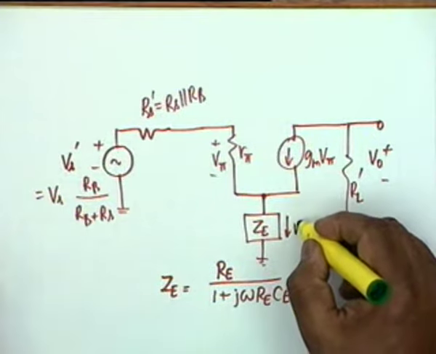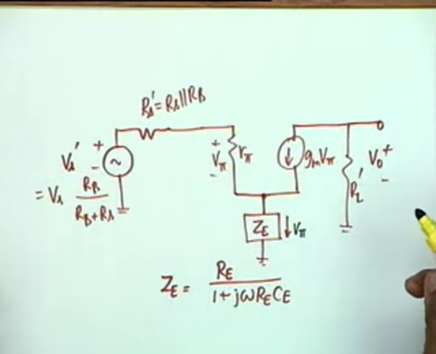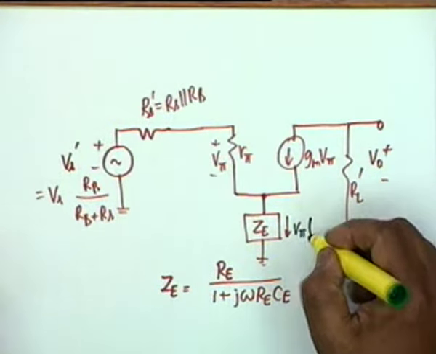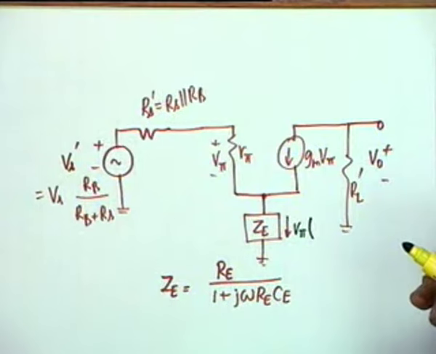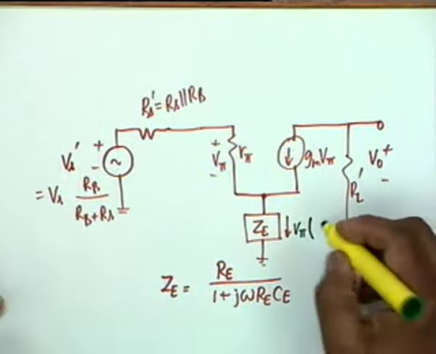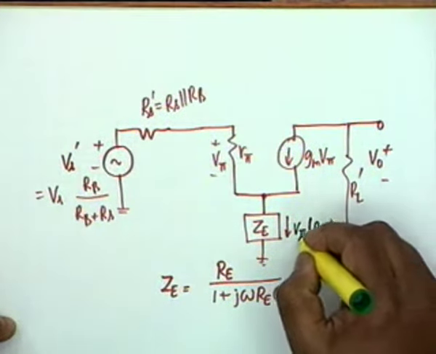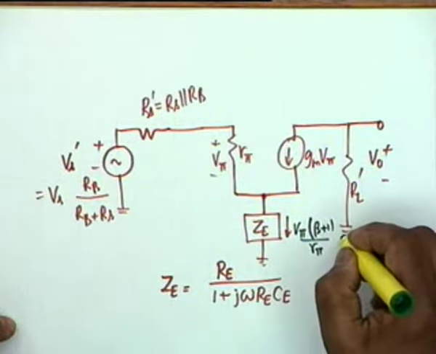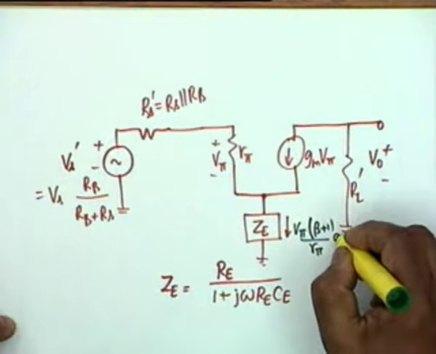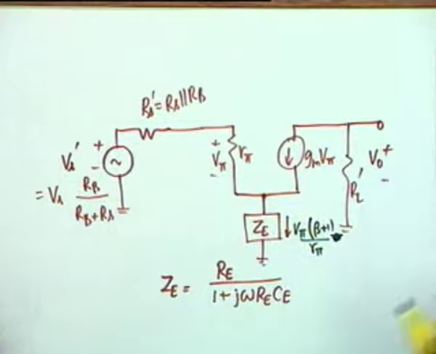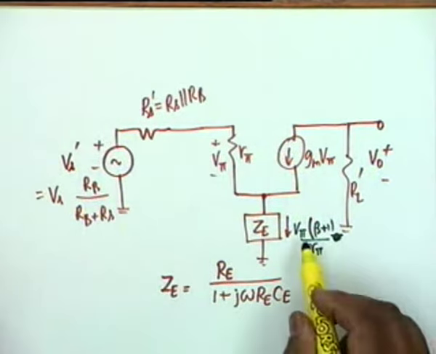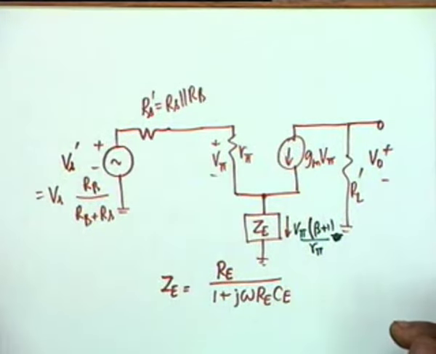So it would be V pi times gm plus 1 by R pi, which is beta plus 1 divided by R pi. No more gm. That's it. V pi times (beta plus 1) divided by R pi.